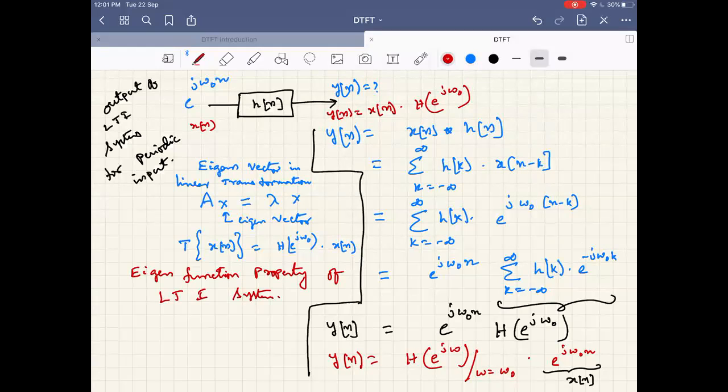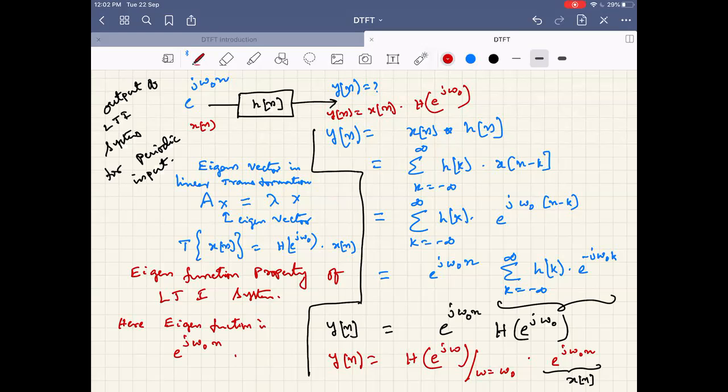So which is the eigenfunction here? Here the eigenfunction is e power j omega naught n.